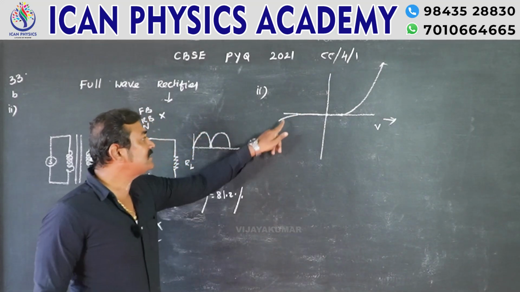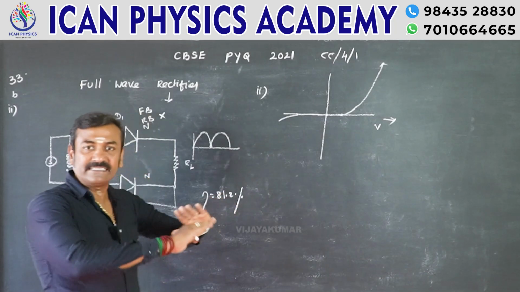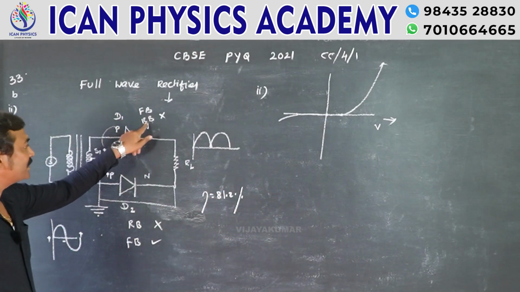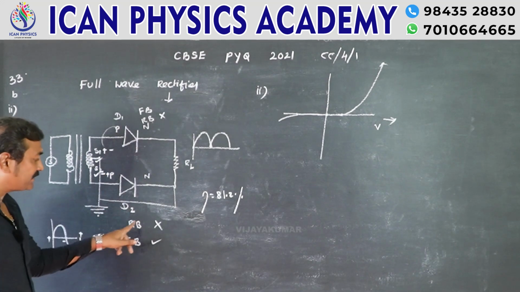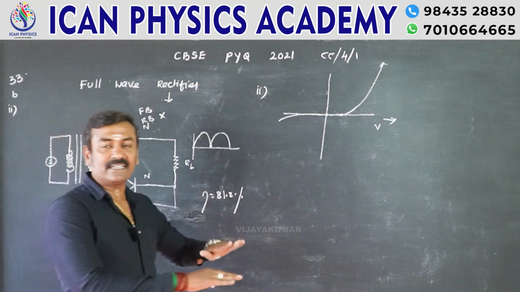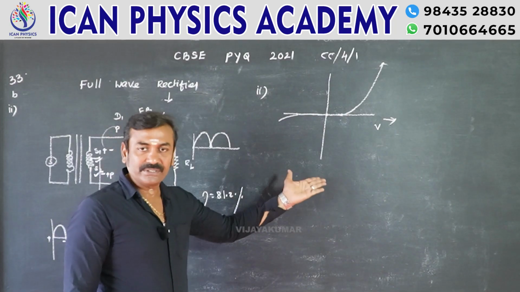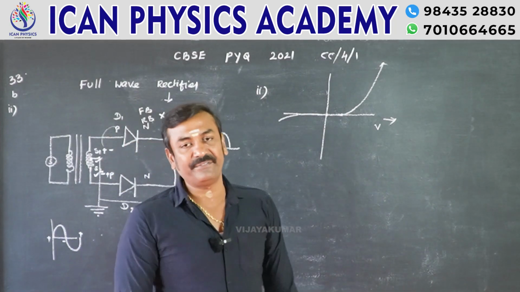Because of this, it does not allow the current. So when D1 or D2 is in reverse bias, it does not conduct. For that purpose we use a diode for rectification.